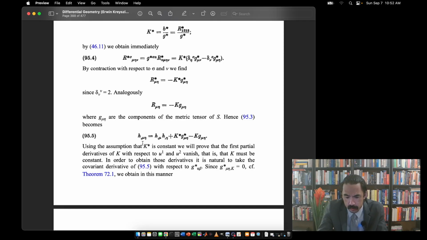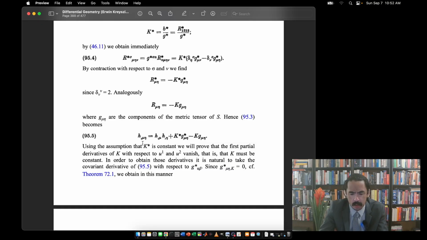By contraction with respect to sigma and nu, we find that capital R star sub mu eta equals negative capital K star times g star sub mu eta, since Kronecker delta sub nu superscript nu is equal to 2. Analogously, we have capital R sub mu eta equal to negative capital K times lowercase g sub mu eta, where g sub mu eta are the components of the metric tensor.